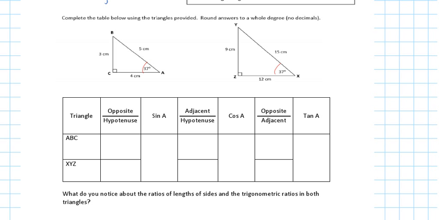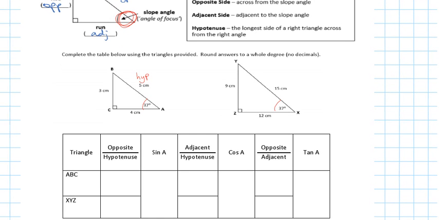Okay. All right, so if I'm going to name this triangle, where is the hypotenuse? So this is my hypotenuse, yeah? Where's the opposite side? It's the 3, because that's the opposite from angle 37, right? And where's my adjacent side?